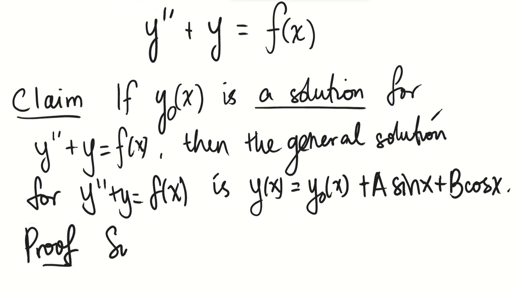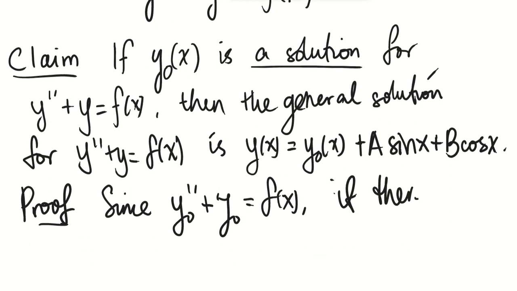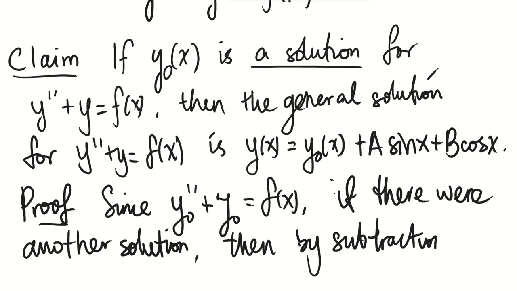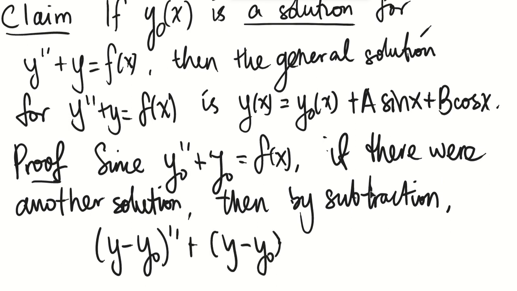Because since y naught'' + y naught = f(x), if there were another solution, then we can subtract both equations to get (y minus y naught)'' + (y minus y naught) = 0, because in both cases the right hand side is f(x), we subtract, they cancel out.